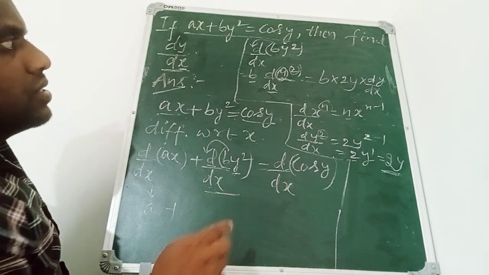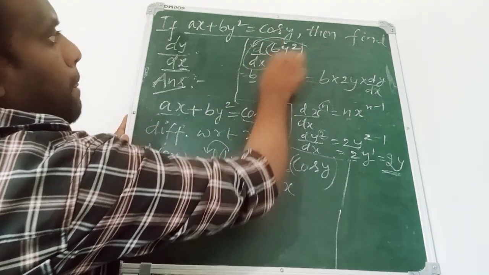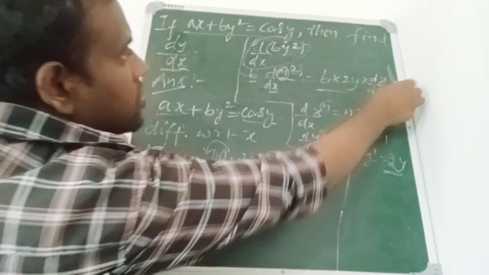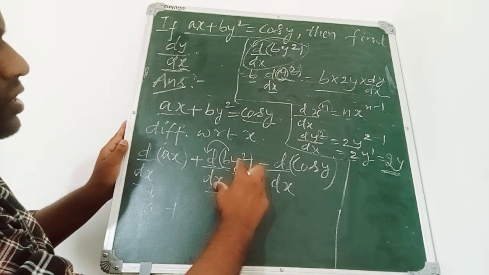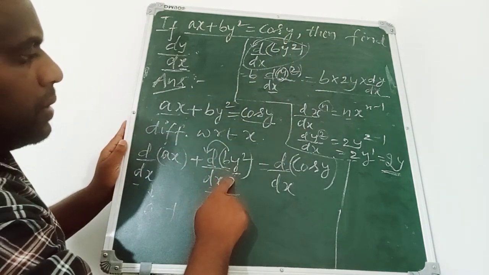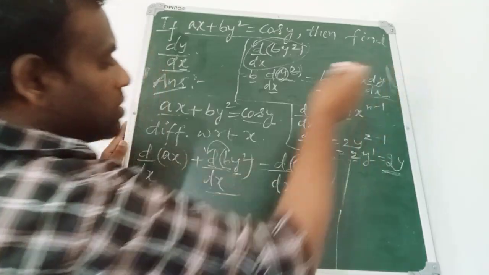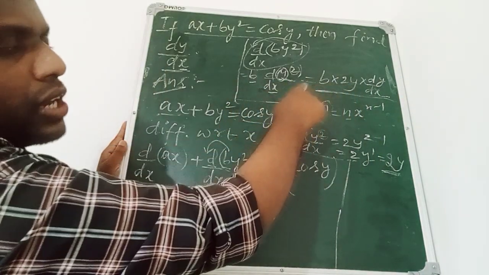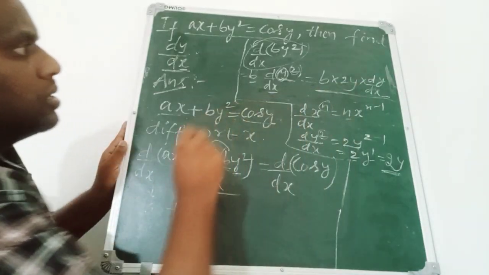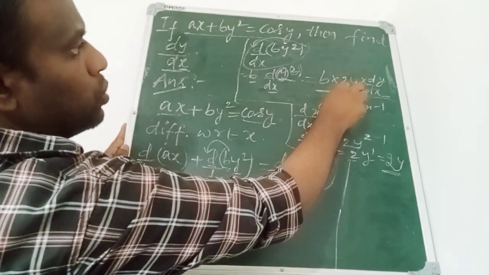Okay, so that's all. Now see, d by dx of by square is this. So this I wrote here. So in place of this, I will write this, because we just now calculated. Before writing, see here, 2 is a number.